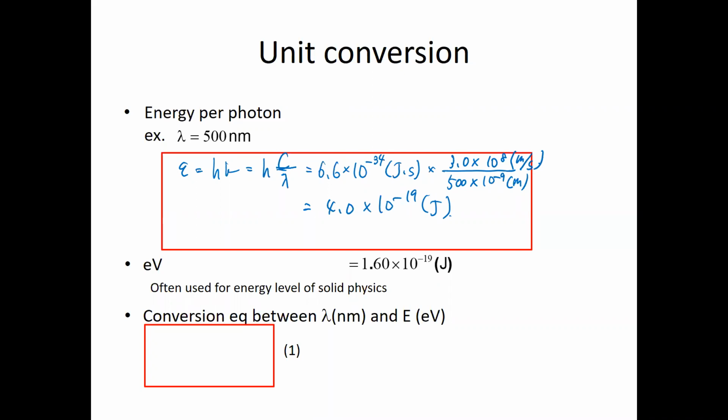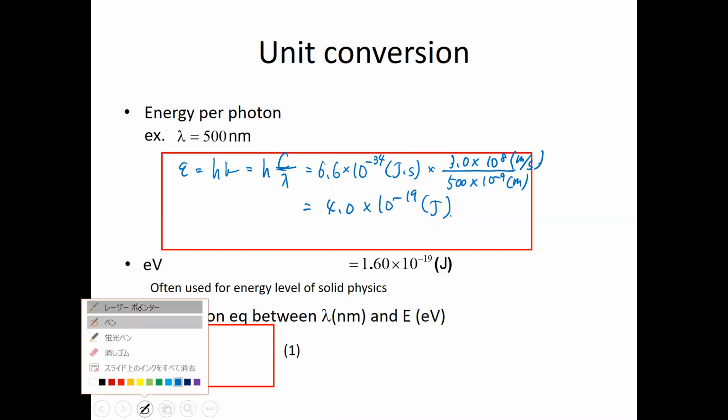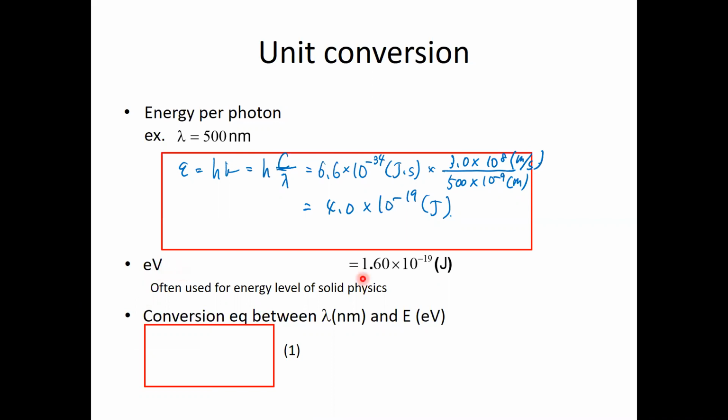But if you can use the electron volt, which is 1.6 times 10 to the minus 19 joule, which is very convenient if you are thinking about one photon energy, right? So you can convert the energy of the light to the electron volt.